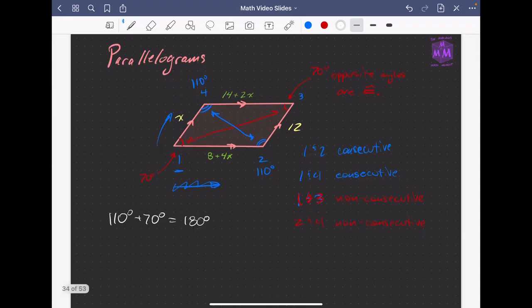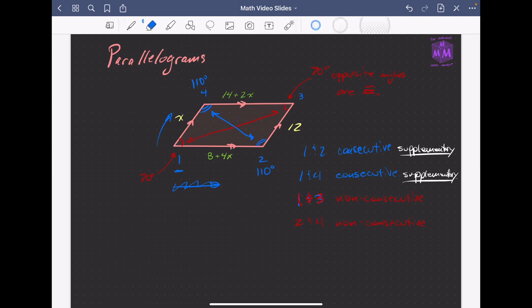Consecutive angles in a parallelogram are supplementary. I repeated myself because it's important to remember. You know what supplementary means? I'm going to erase that.